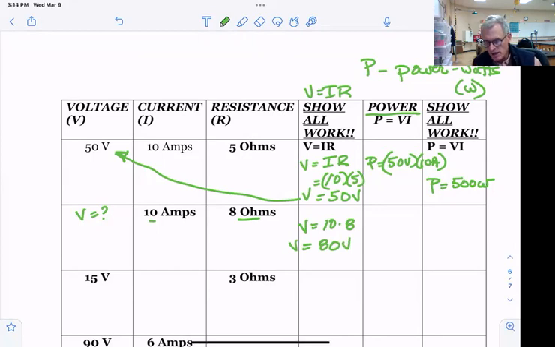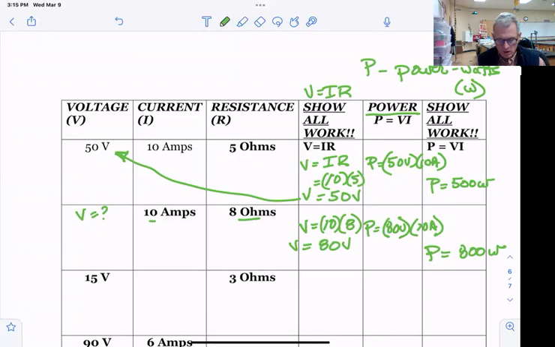Then the power is equal to 80 volts times the current, which is 10 amps. So the power is equal to 800 watts.